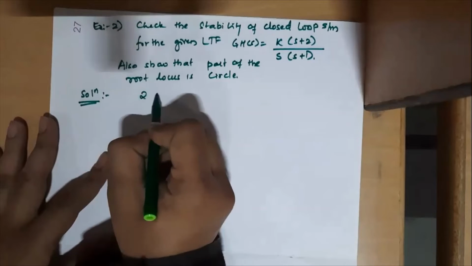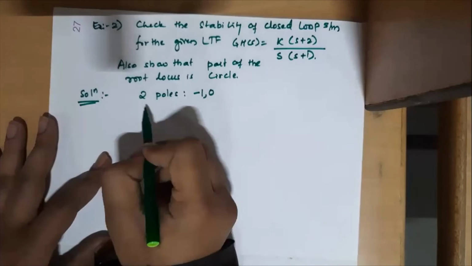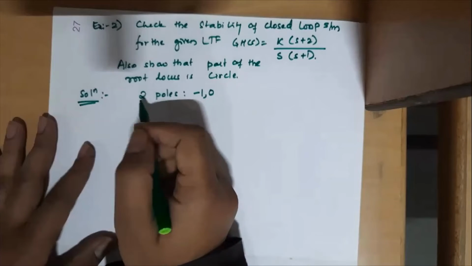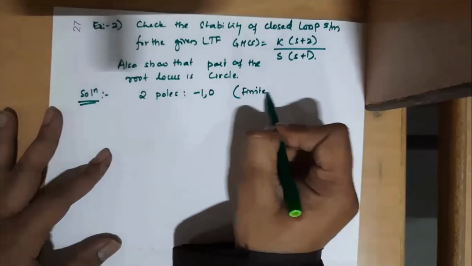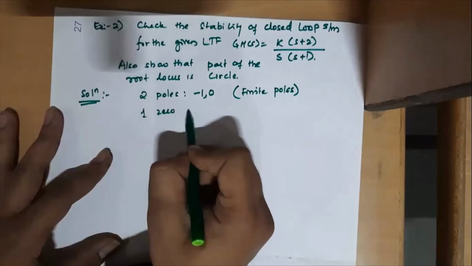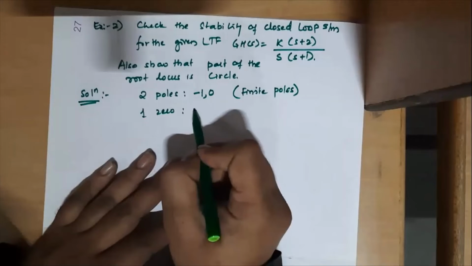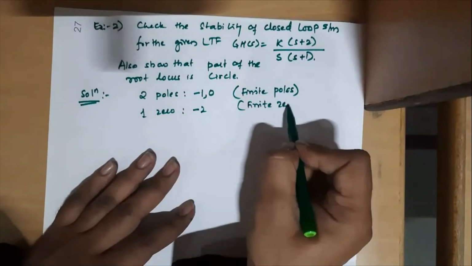So quickly we'll start with the solution. There are two poles at minus 1 and 0. Two poles means finite poles whose magnitude is finite. And there is only one zero at minus 2, which means finite zeros.